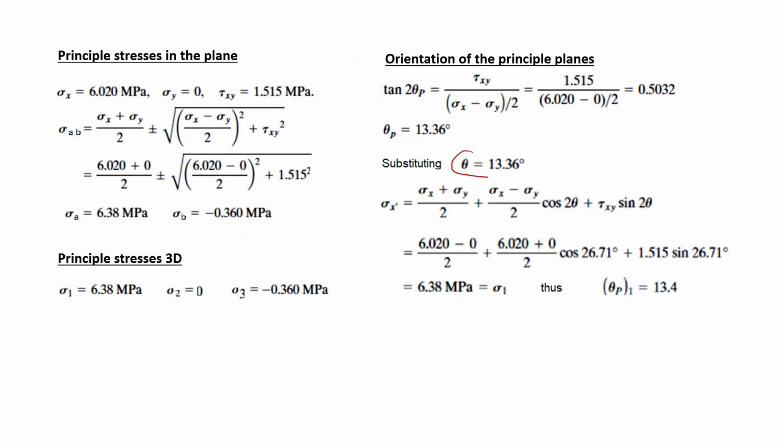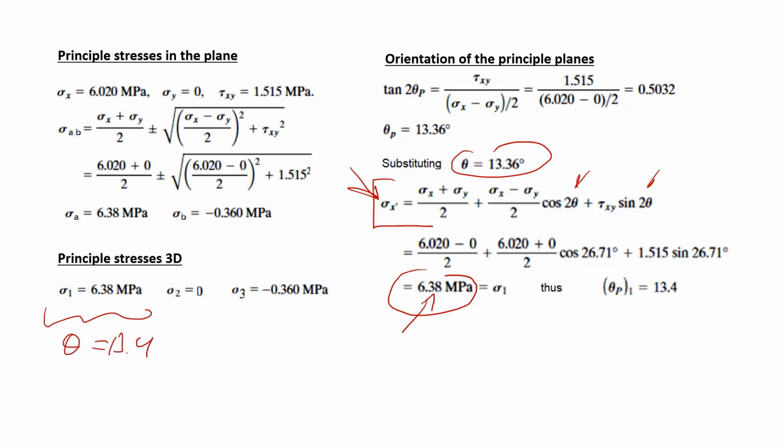In that case, you take this value and put it into the stress transformation formula. If you put in your theta and sigma x values, the result gives you 6.38. So the orientation of the principal plane is 13.4. It belongs to this plane, to this stress, and you can call it principal 1.